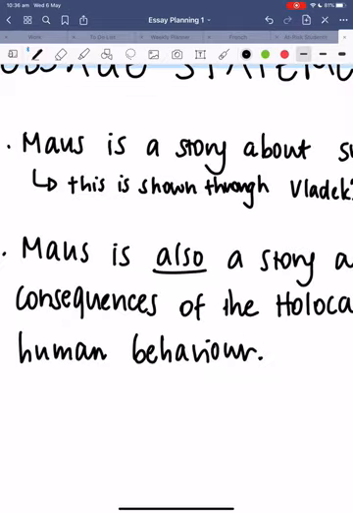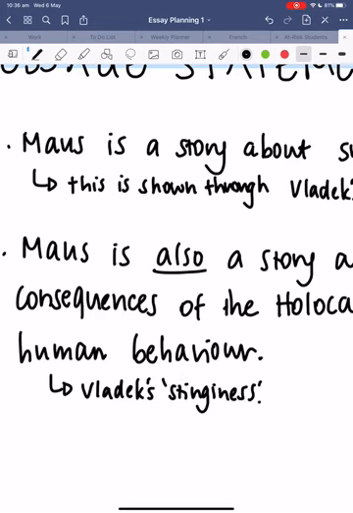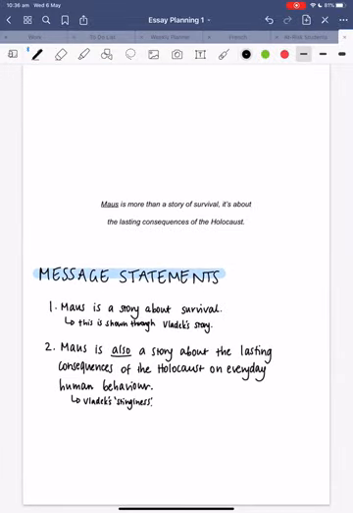What's my evidence for this? Well, again, it's going to actually be Vladek. Now, I've just put stinginess in here as a reminder to me to look for that kind of evidence.